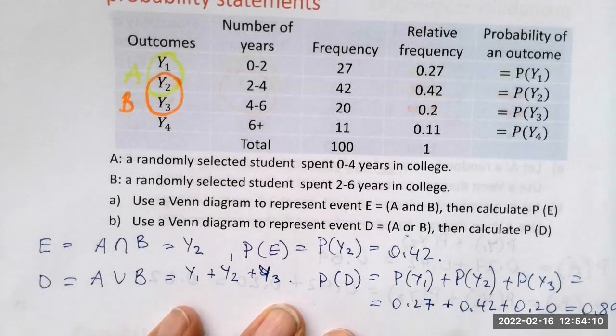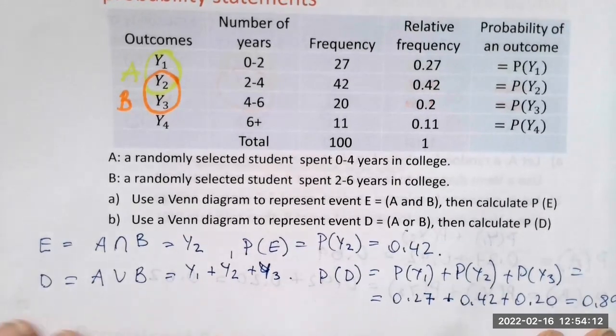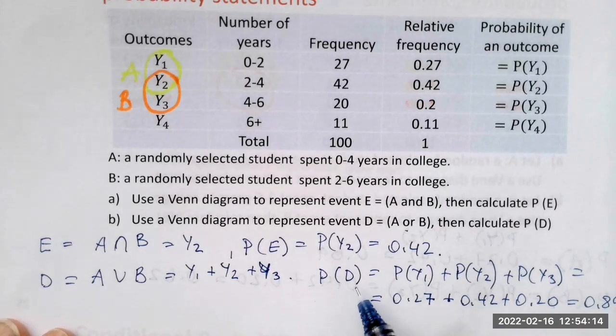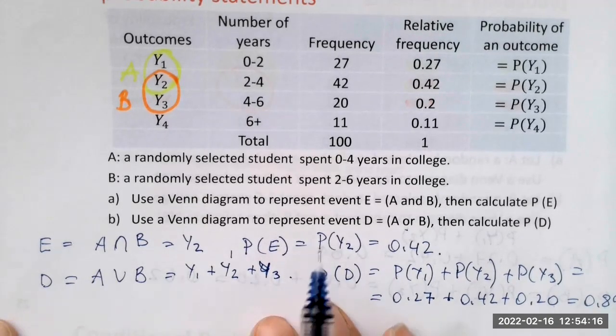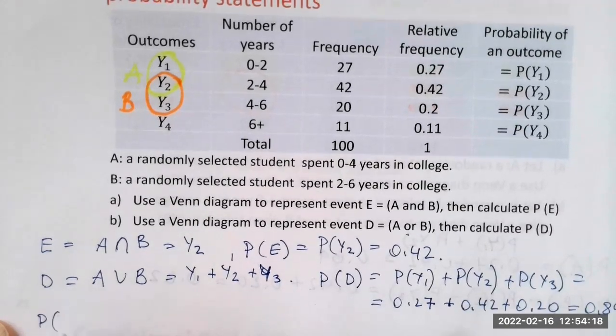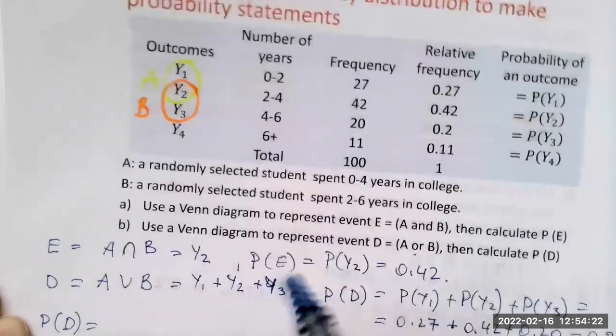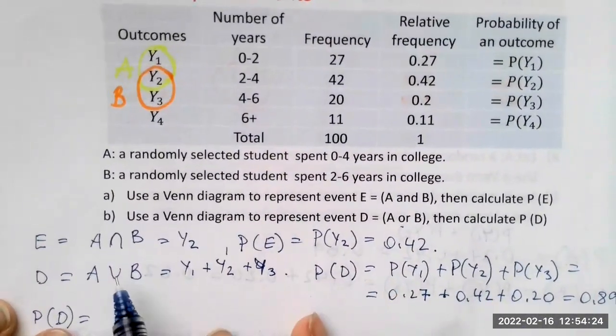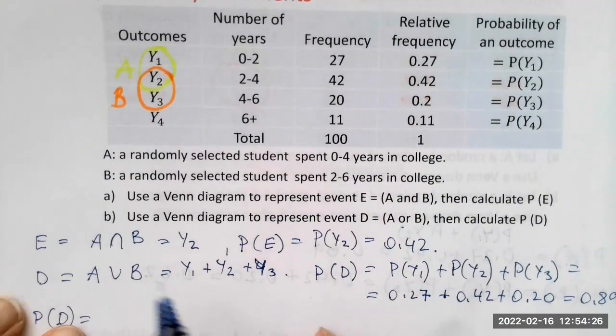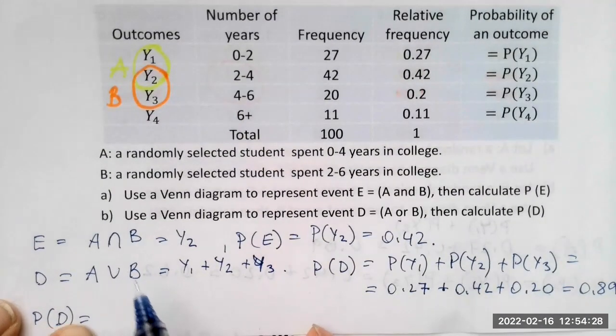Now for the probability of event D, we could have gone with the addition rule because we already calculated the probabilities of event A and event B earlier. Let me remind you the rule.